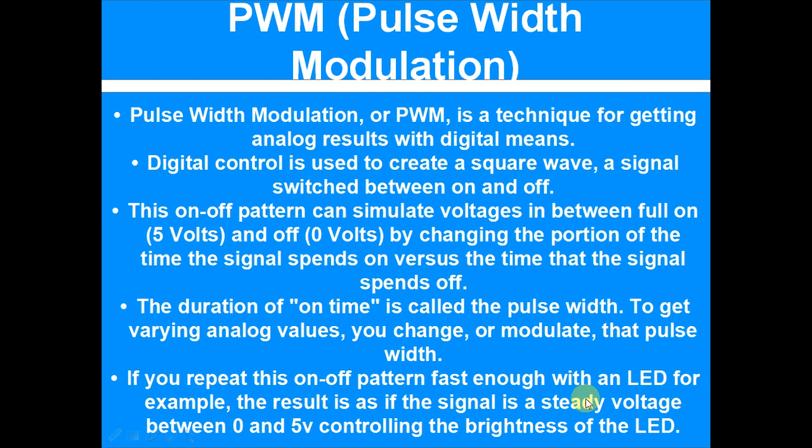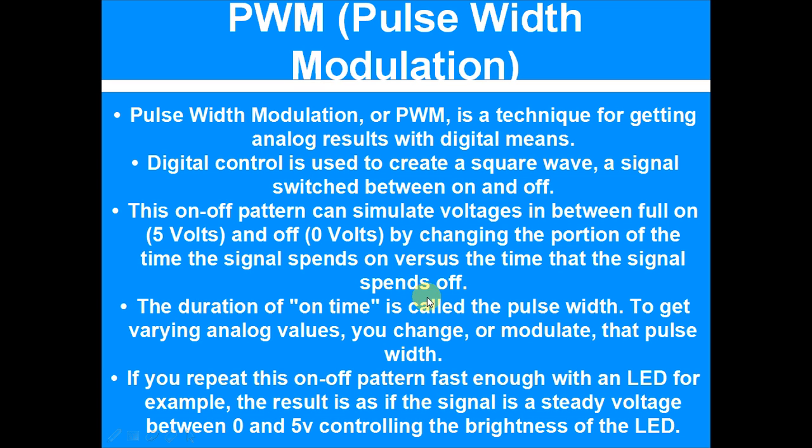So, first we need to talk about what is pulse width modulation. Pulse width modulation, or PWM, is a technique for getting analogue results with digital means. Digital control is used to create a square wave, a signal switched between on and off. The on-off pattern can simulate voltages in between full on 5 volts and off 0 volts by changing the portion of the time the signal spends on versus the time the signal spends off.